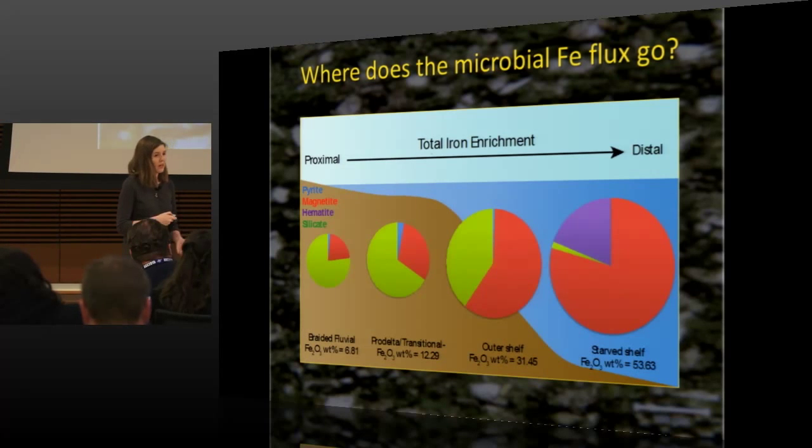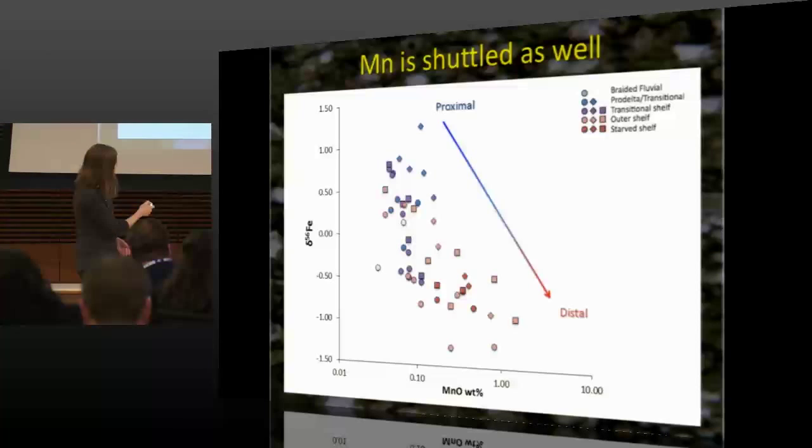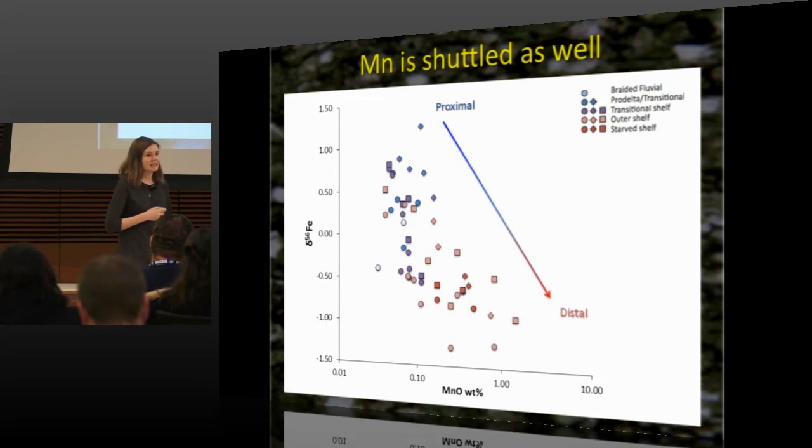So if we plot iron isotopes against manganese concentrations, you can see that we have an inverse correlation here as well, where we have increasing manganese content, and that corresponds with more and more light iron isotope values. So this leads me to hypothesize that manganese is hitching a ride on the microbial iron shuttle. So manganese is being shuttled as well.